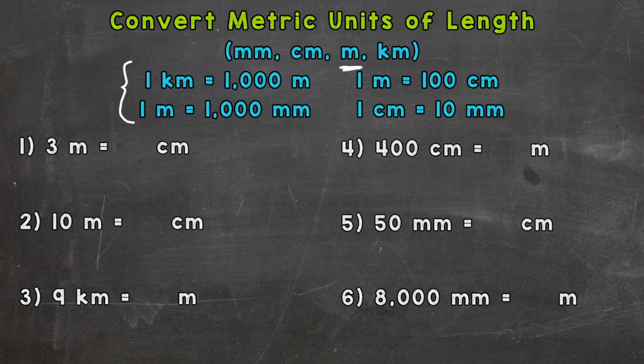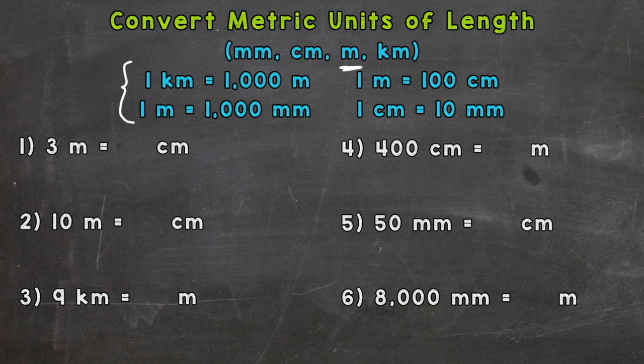And on most rulers, centimeters will be marked on the metric portion of that ruler. And then a meter is a little over a yard. So a meter stick, a little longer than a yard. And then kilometer is a little over a half mile. So kilometers are used to measure long distances.